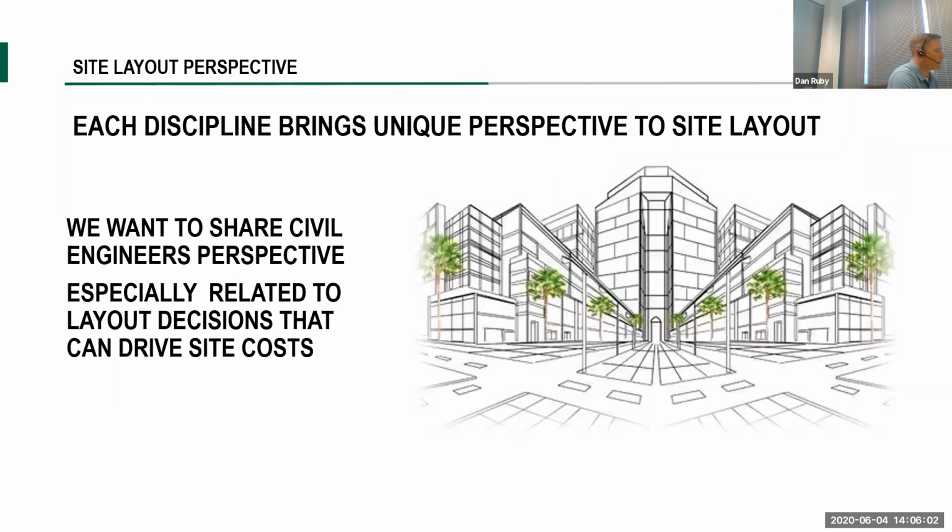But each of those folks is coming from a different perspective. So the purpose of today's presentation is to share the civil engineer's perspective and hopefully have you walk away with a few tidbits of valuable information on things that could be taken into consideration early on to help the bottom line of the final product.